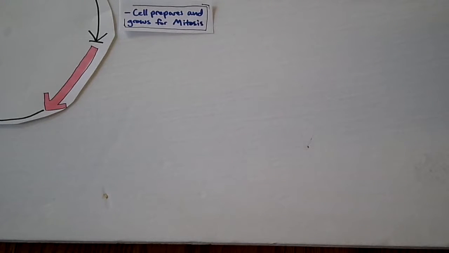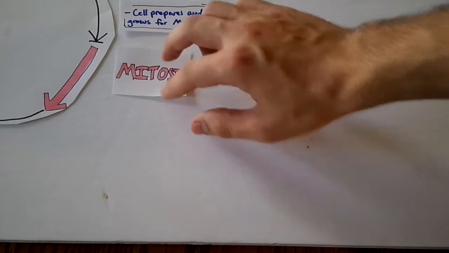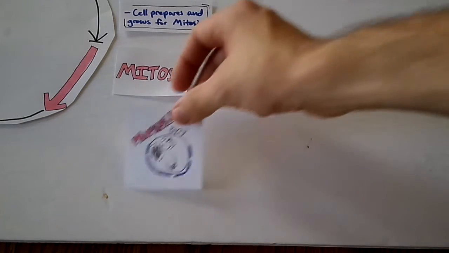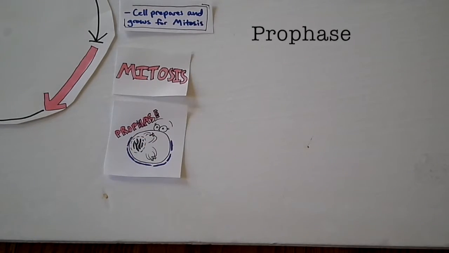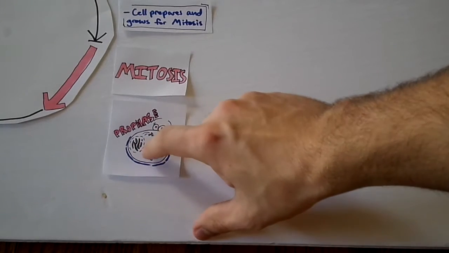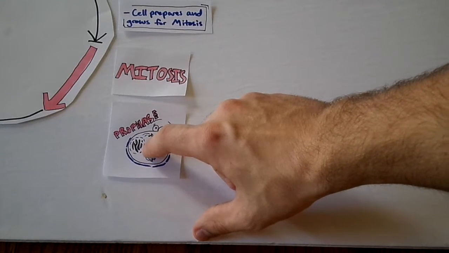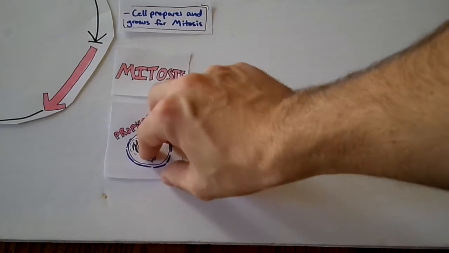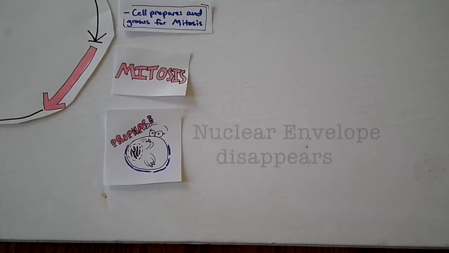This stage of division is called mitosis, represented by the red arrow. During mitosis, there are 5 different phases that I'm going to walk you through. First is prophase. Prophase is where the cell condenses its DNA within the nucleus, and while it condenses the DNA, the nuclear envelope starts to disintegrate.